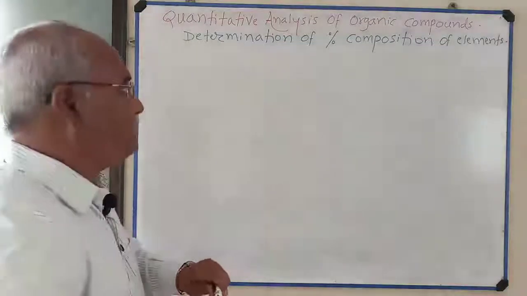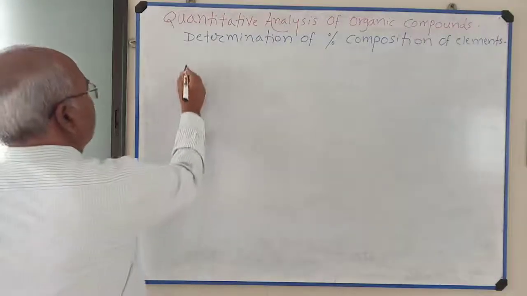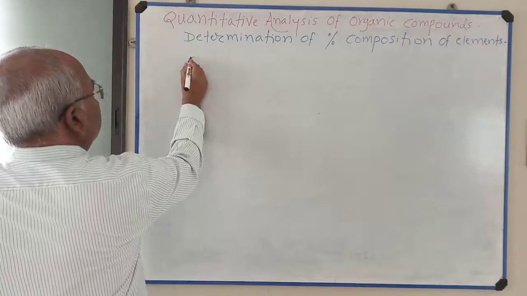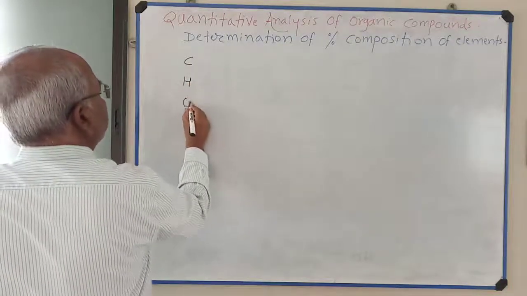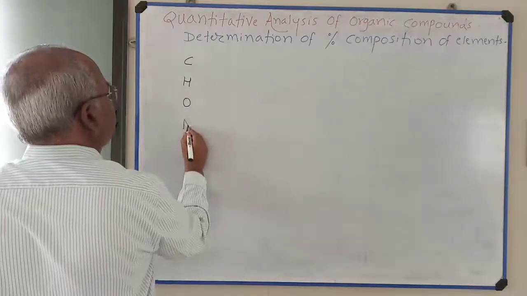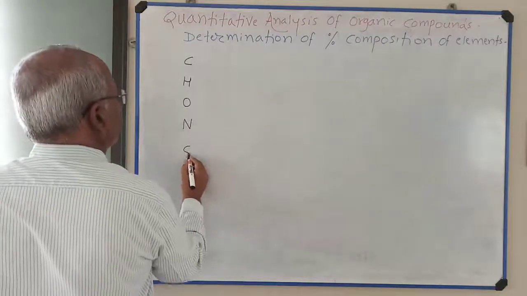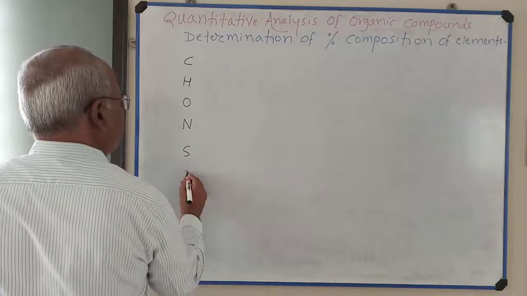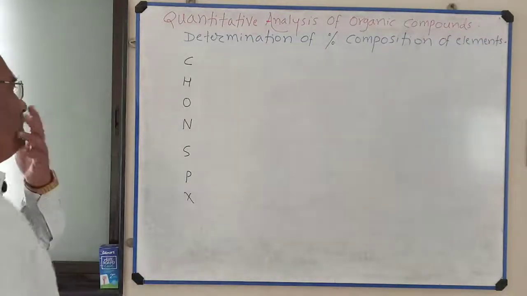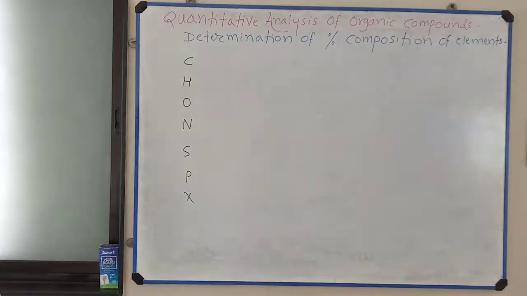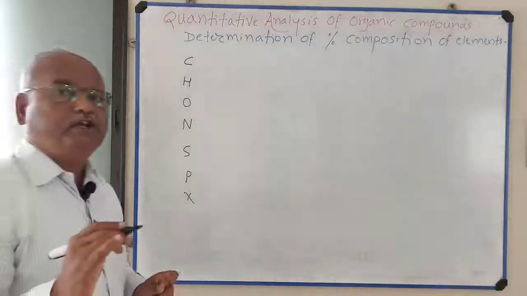So you know that organic compounds contain carbon, hydrogen, oxygen, nitrogen, sulfur, phosphorus and halogen. These elements are present in organic compound.